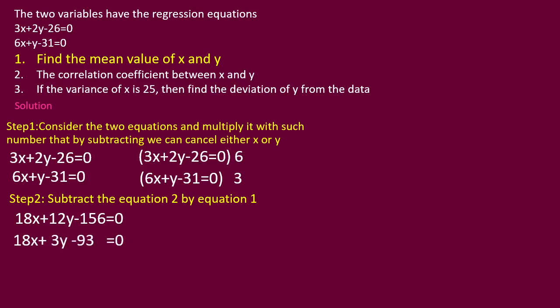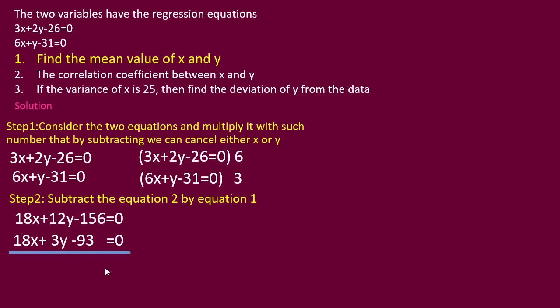Then the equation 2 is 6x into 3 is 18x, y into 3 is 3y, minus 31 into 3 is minus 93.